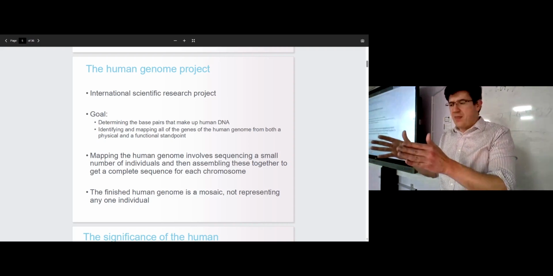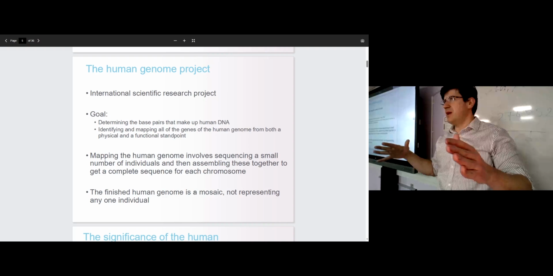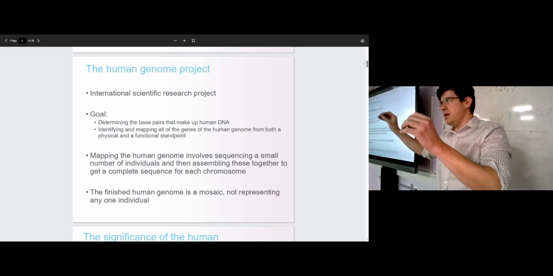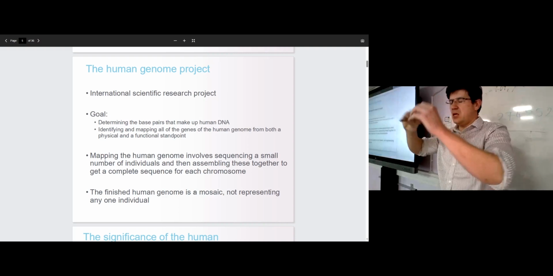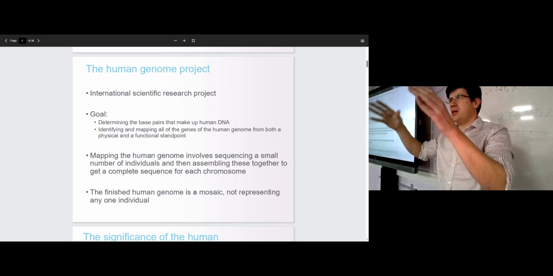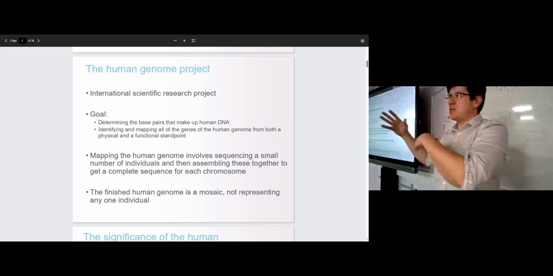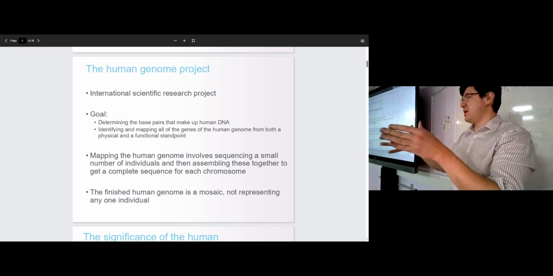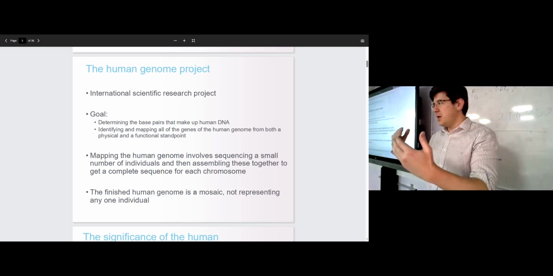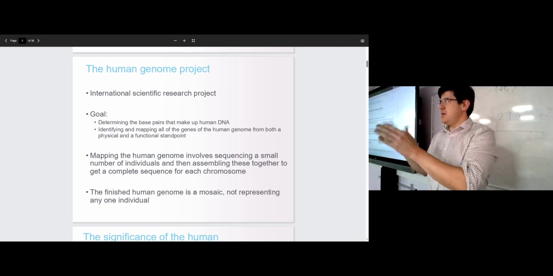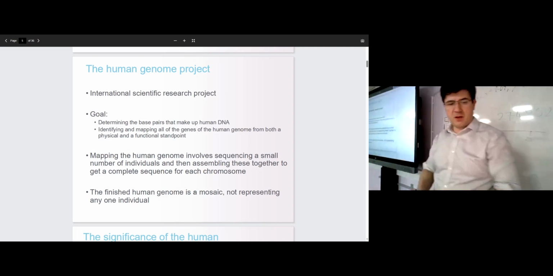In the same way that we have Google Maps, where in order to go from point A to point B you need to know the coordinates, in genomics, in order to know where the genes are, where the regulatory regions are, where the introns are, where the exons are, we need to have the specific coordinates. And by having the coordinates, we can better understand differences in the DNA and how those differences are affecting the health of the organism.